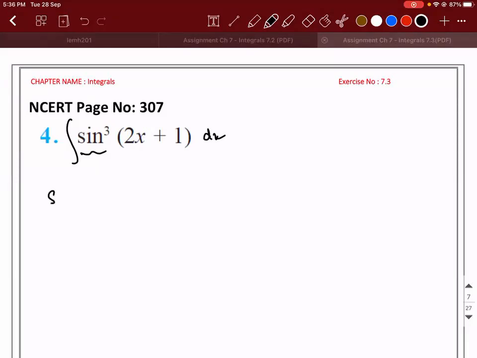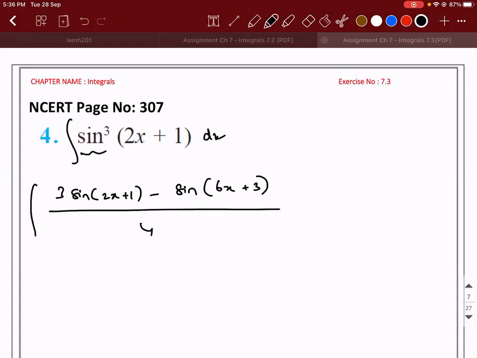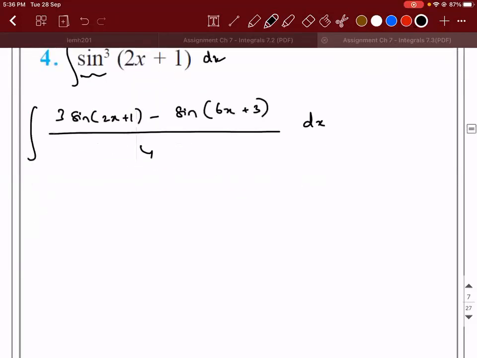Check if this is what you got. 3 sine of 2x plus 1 minus sine of 6x plus 3, the whole divided by 4 times integral of dx. Is this what you got?